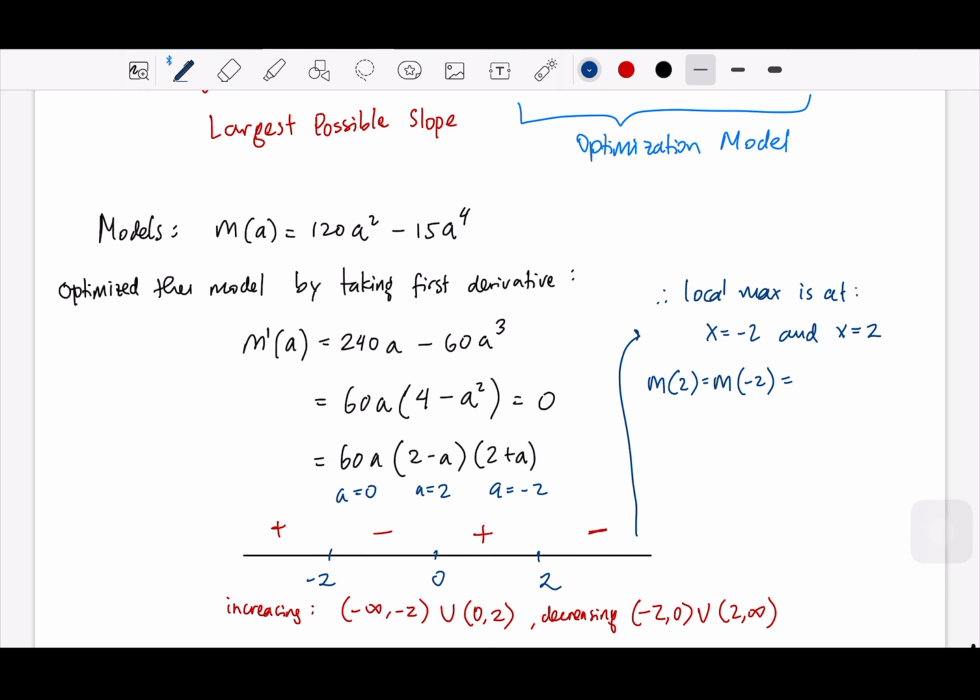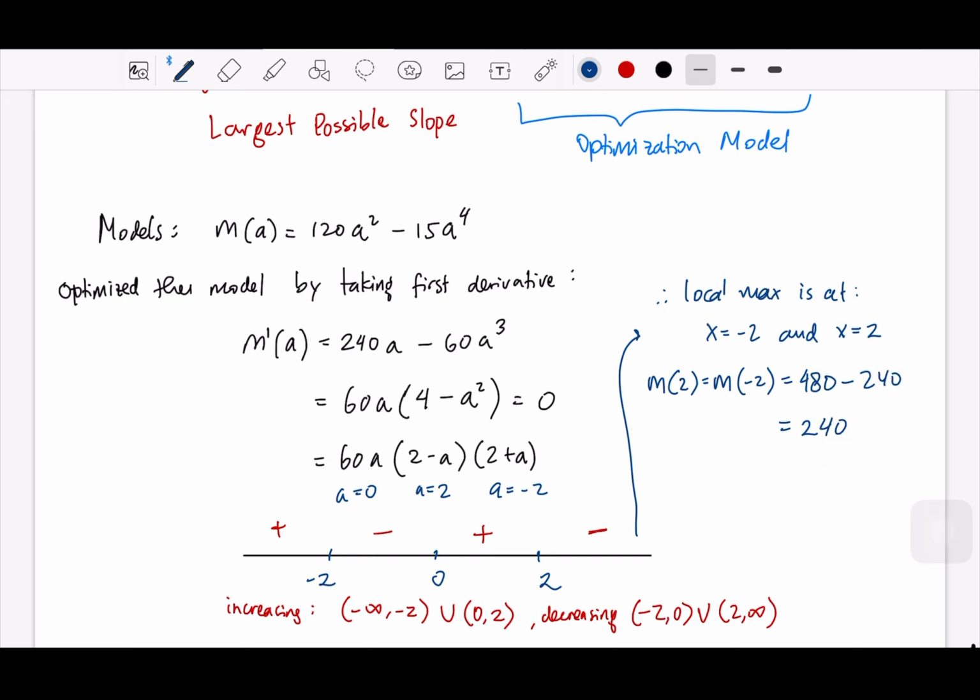So we have 480 and 15 times 16 is what? It's 240, so it's 480 minus 240, right?